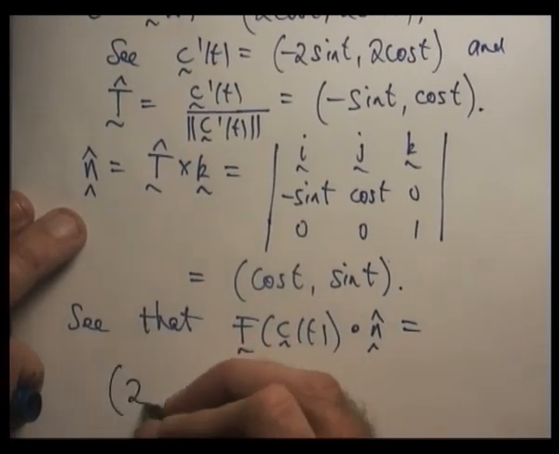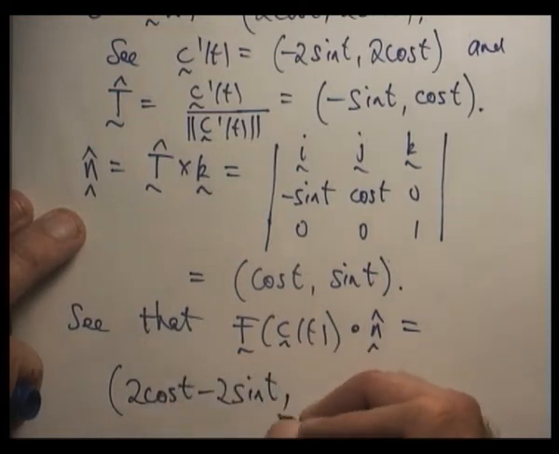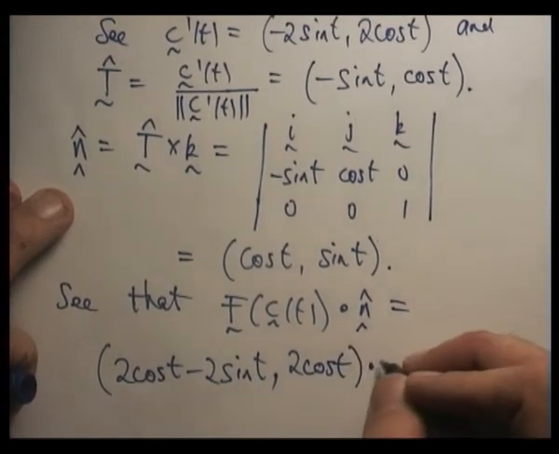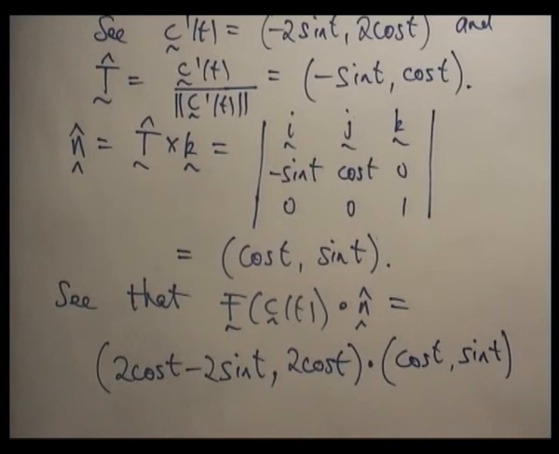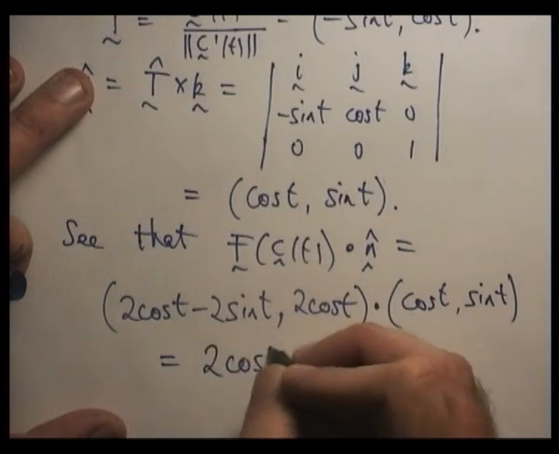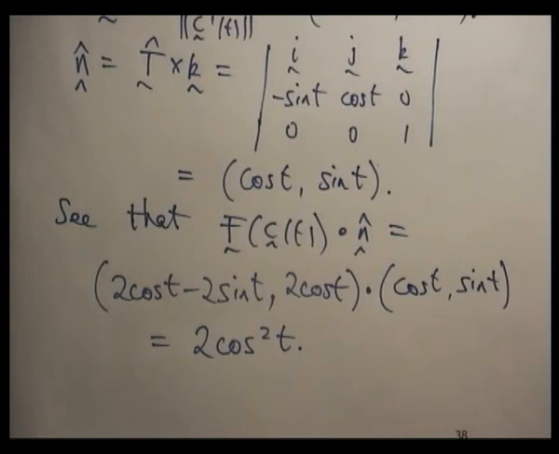We're going to get 2 cos t minus 2 sin t, 2 cos t, dotted with cos t, sin t. Now, when we expand that, we're going to get some terms cancelling, and we're going to end up with something like 2 cos squared t, according to my calculations.